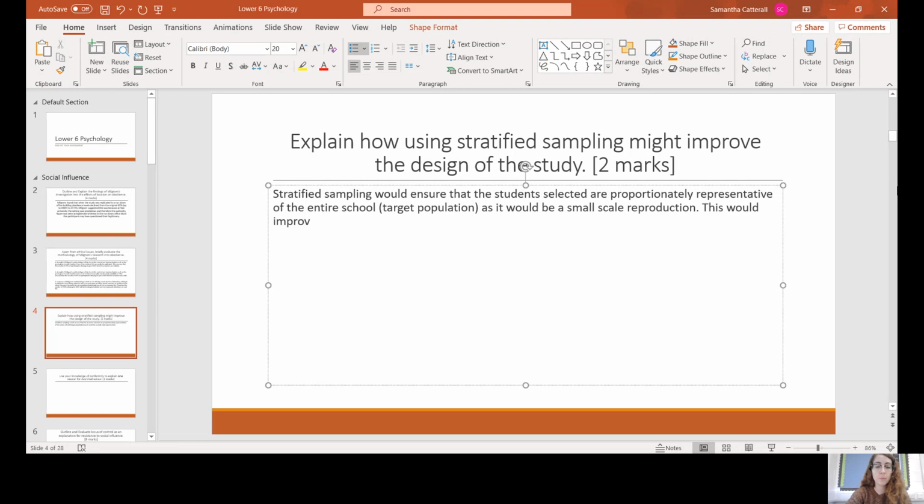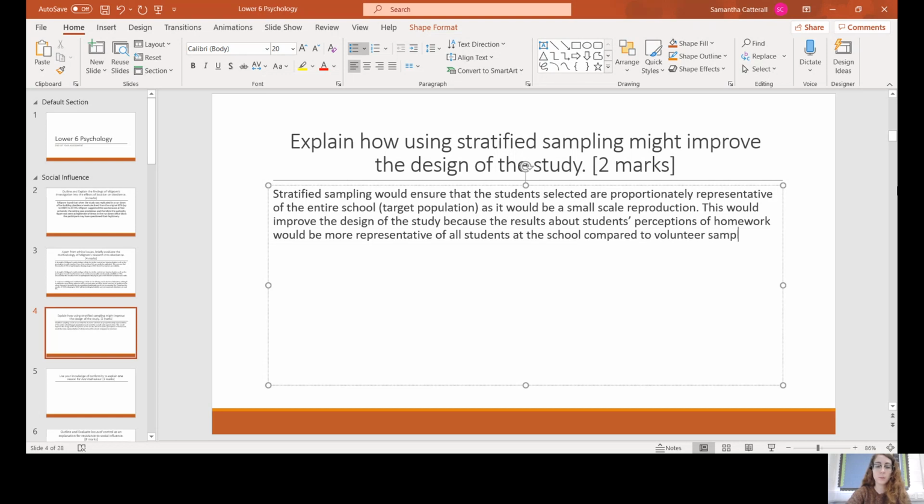So this would improve the design of the study as the results about students' perceptions of homework would be more representative of all students at the school, compared to volunteer sampling which might attract students who were particularly helpful or opinionated about homework, and so must be biased.